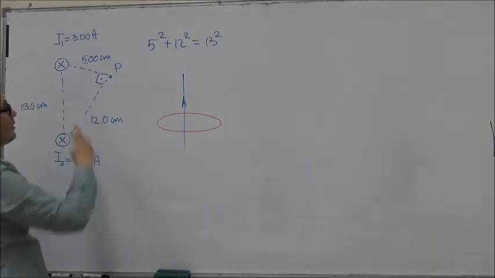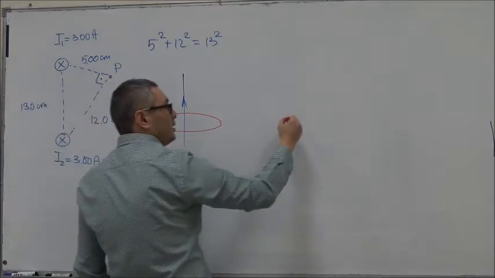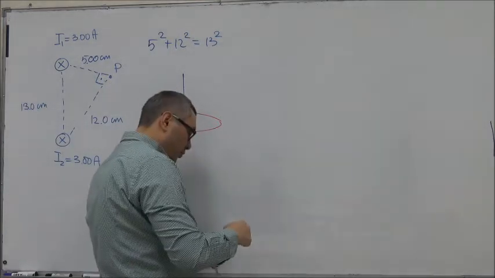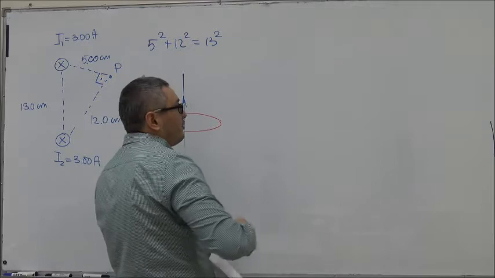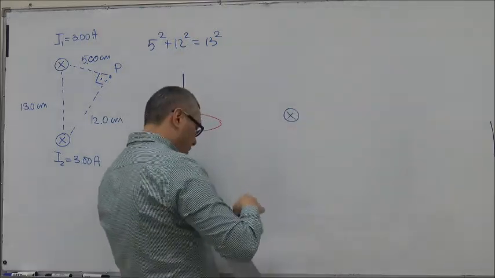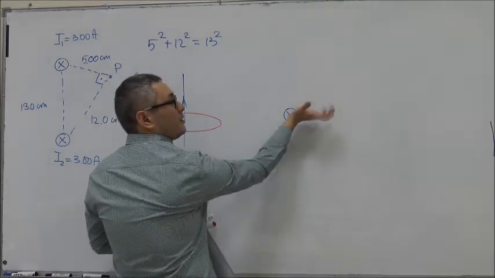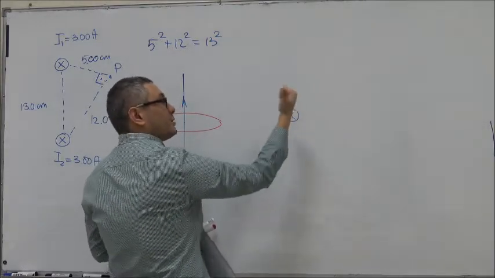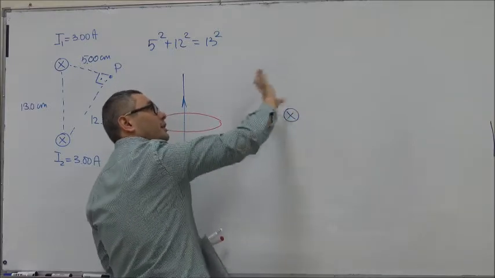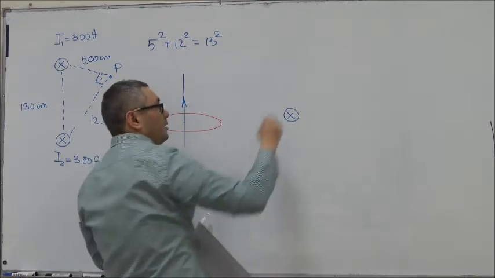In our case, the current is actually flowing into the board. So if the current is flowing into the board like that, then the direction of the magnetic field line again can be found using the right hand rule, but now the thumb is pointing into the board. Okay, so the magnetic field lines are going this way.